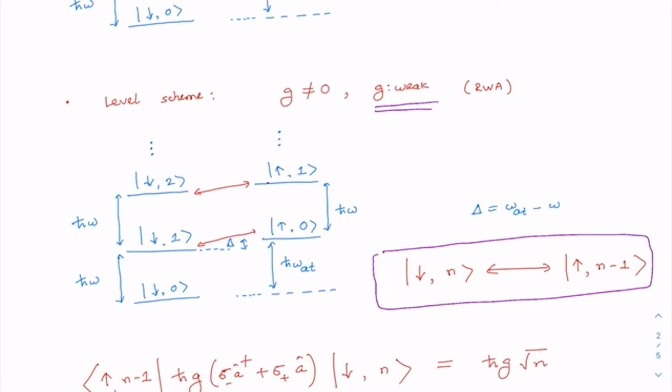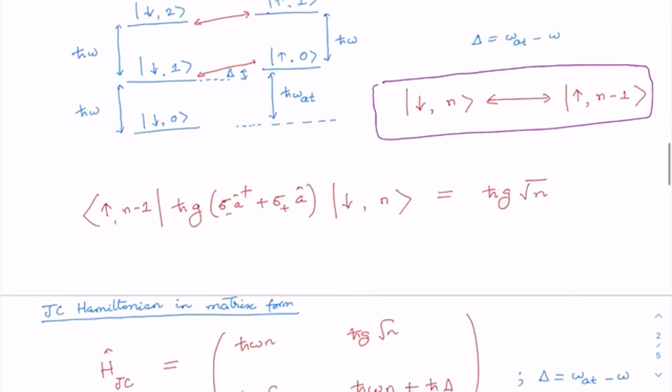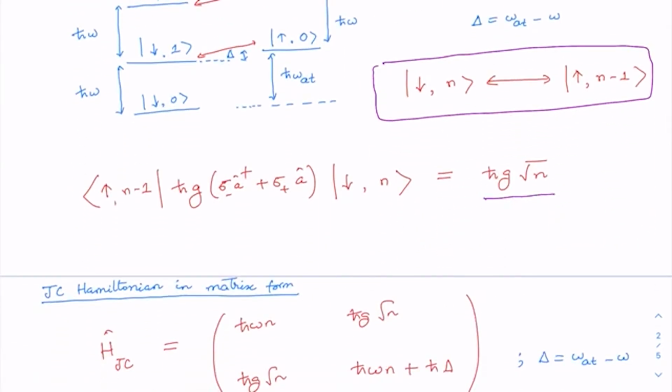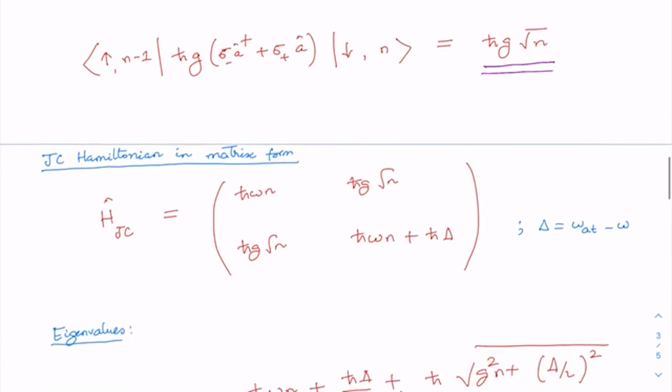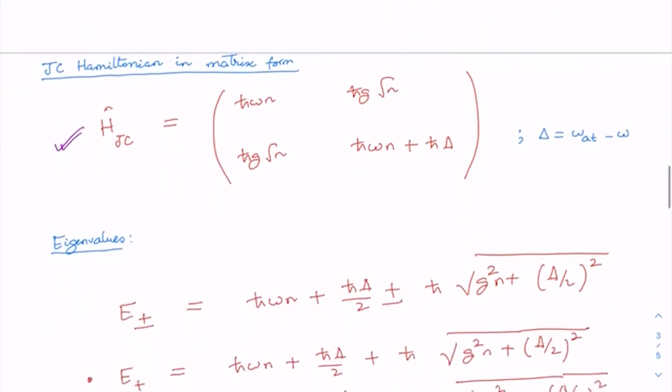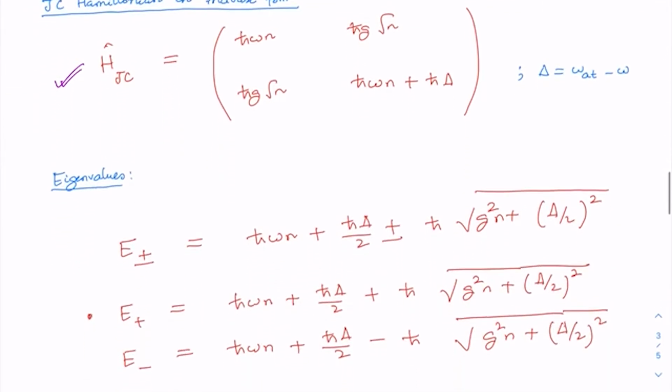The matrix element that connects these neighboring energy levels was worked out, and it was h cross g times the square root of n. Then we went on to discuss the matrix form of the RWA Jaynes-Cummings Hamiltonian, and we worked out this matrix. We also found the eigenvalues of this matrix.